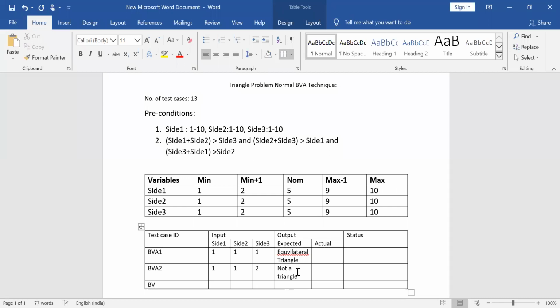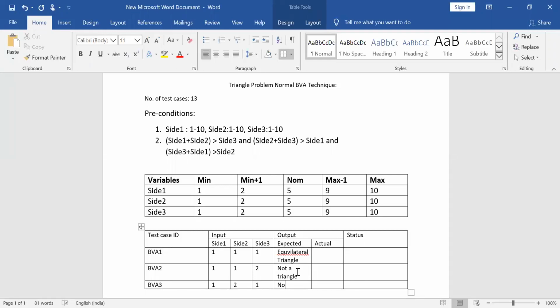Third case, BVA 3. We were talking about the redundancy, right? See here, I can change it to 1 followed by, next case will be minimum 1, minimum plus 1 with respect to side 2, whereas minimum with respect to side 3. Same thing will happen. There is nothing like change in it. This is the redundancy that we will be having.